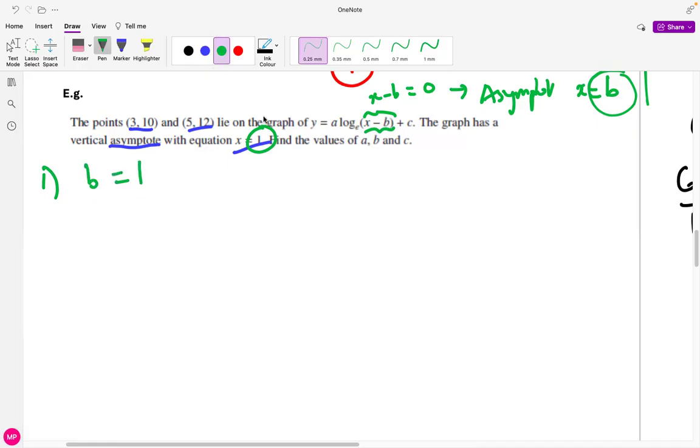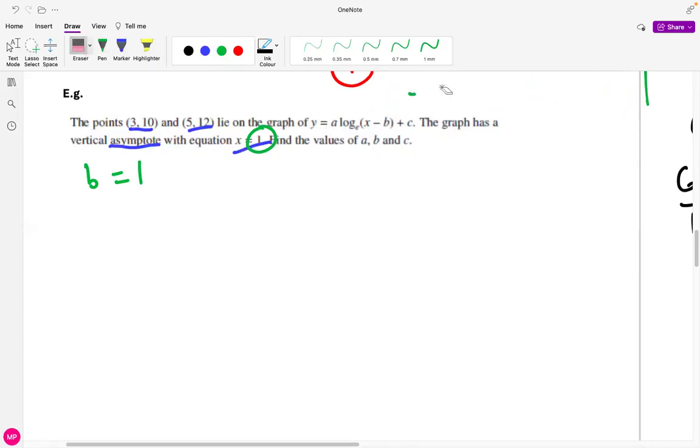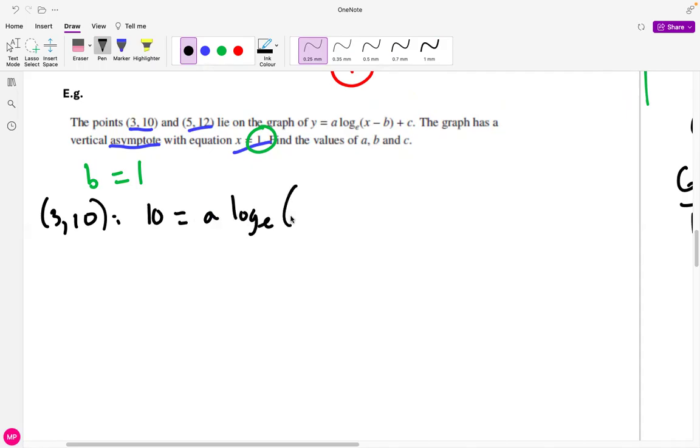Okay. Then our next step is we're going to sub the point in so we can solve for a and c. So let's do the first point. I have (3, 10). So I would have 10 equal a times log a of 3 minus b, equal 1, plus c.